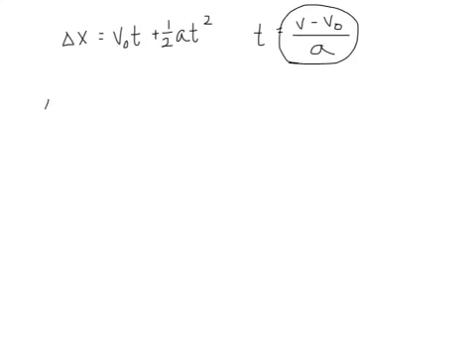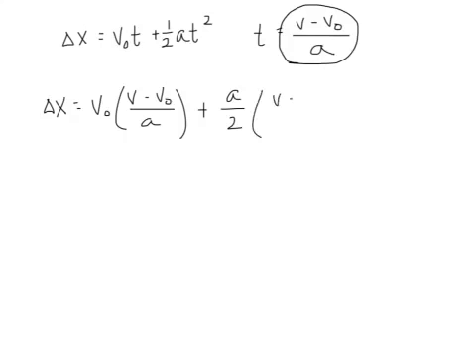So I'm going to end up with delta x equals v naught times v minus v naught over a plus a over 2, that's just 1/2 a, times v minus v naught over a times v minus v naught over a. I just wrote it out twice instead of squaring it. So that way I can see that this a and this a cancel. I get that 1/2 there.